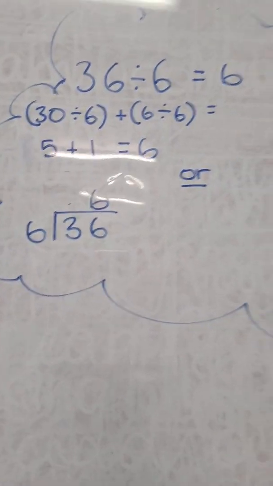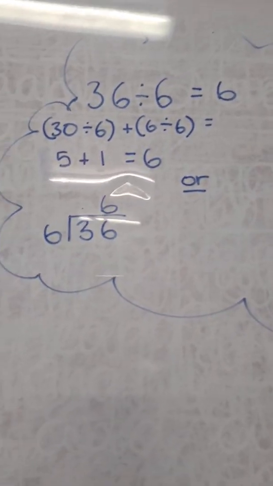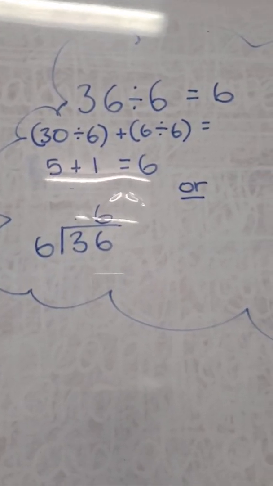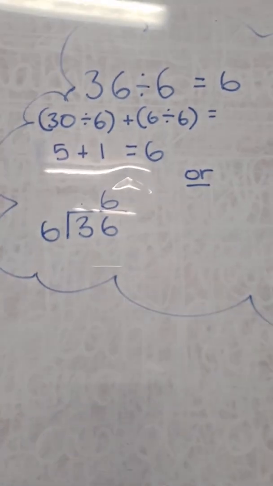With the second example, I just wanted to show you that if you've forgotten what something is, this is how we divided a 2-digit by a 1-digit number. We did it in the beginning of the term.